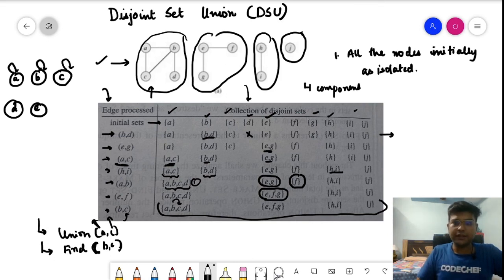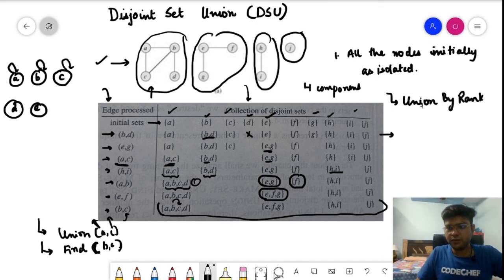This is more or less the thing associated with disjoint set union. Optimization, that is union by rank and path compression, we'll see in the further videos to understand it properly. And we'll also code it.